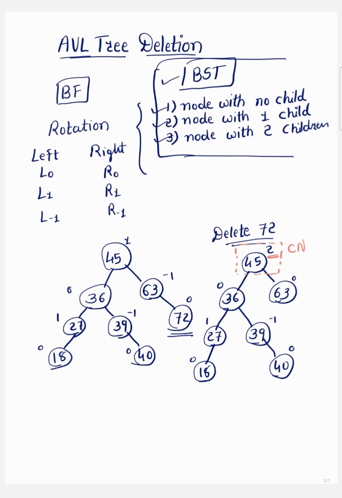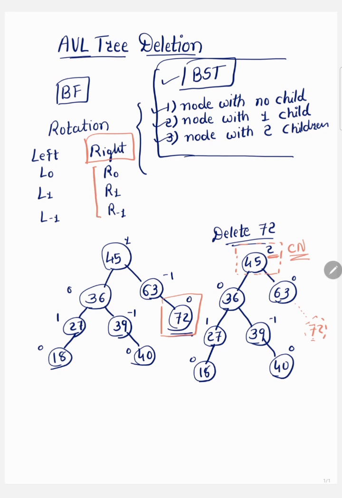You just need to confirm on which side of your critical node the node was deleted. Here, this 72 is deleted from the right side of your critical node. 45 is your critical node, and previously it was here somewhere. So it is deleted from the right side of my critical node. That assures me that it will be a right rotation.